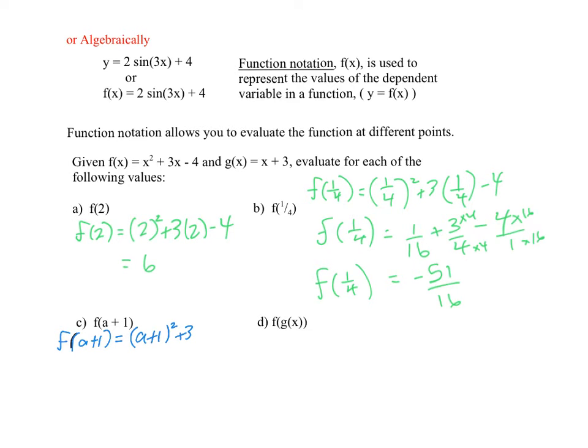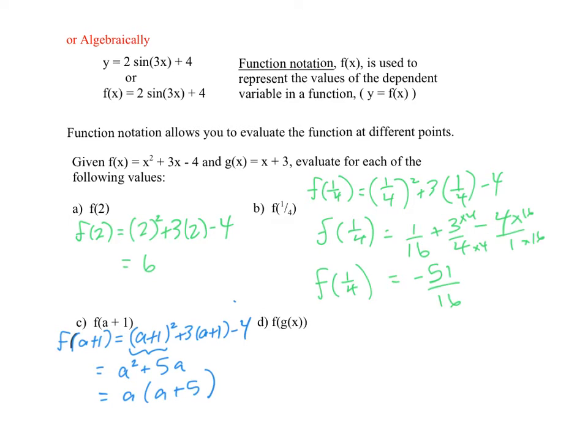Missed that one. Okay, minus 4. And then once we FOIL this out and put like terms together, we'll end up with a squared plus 5a, or we could write it in factored form as a times a plus 5.